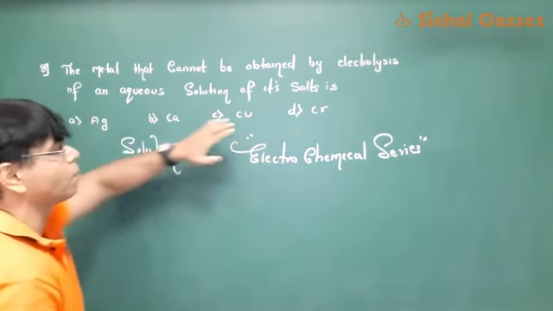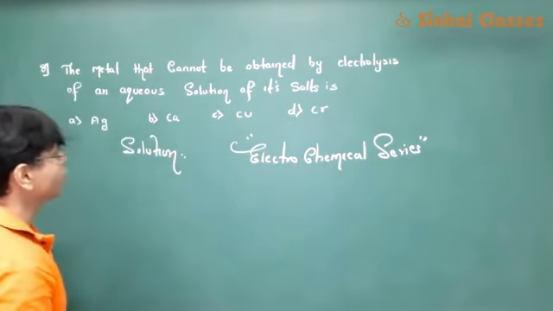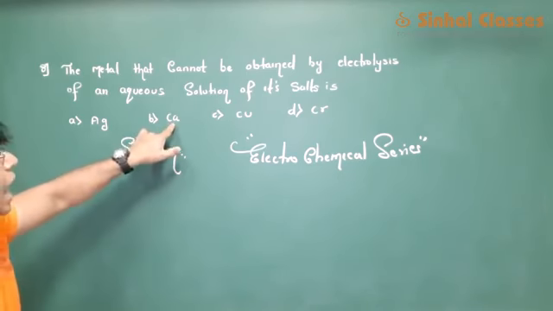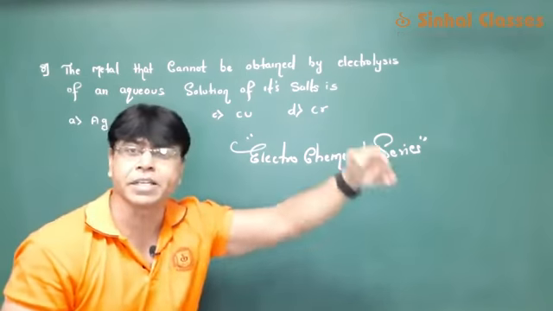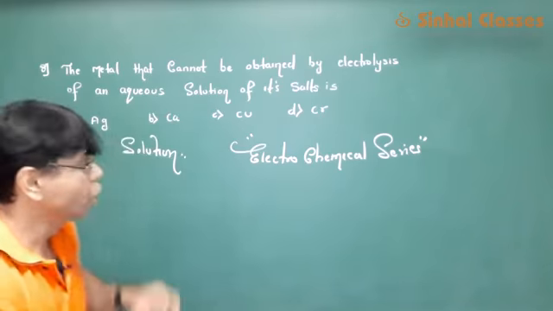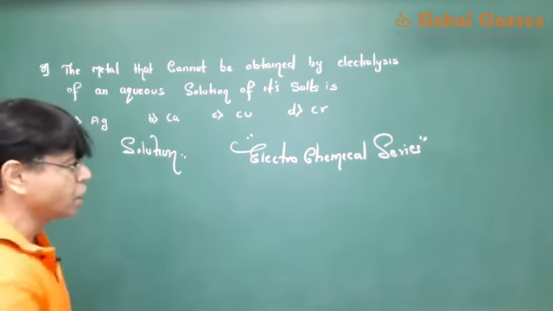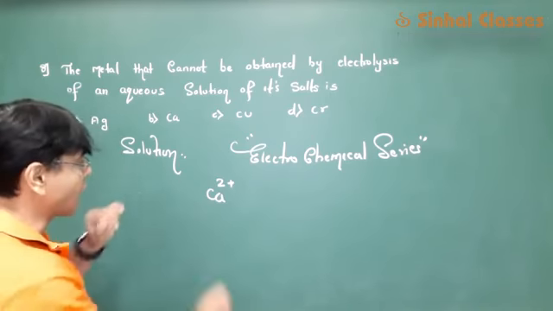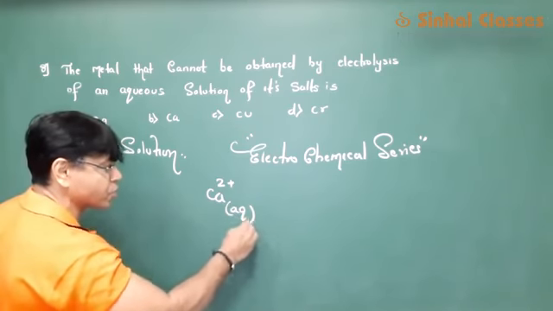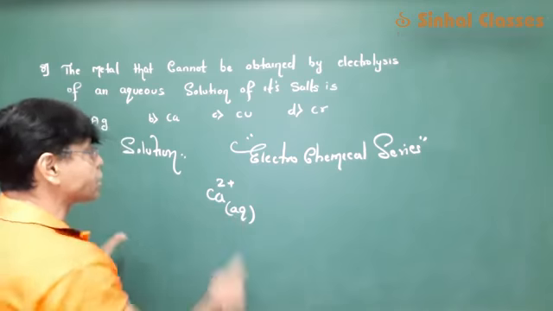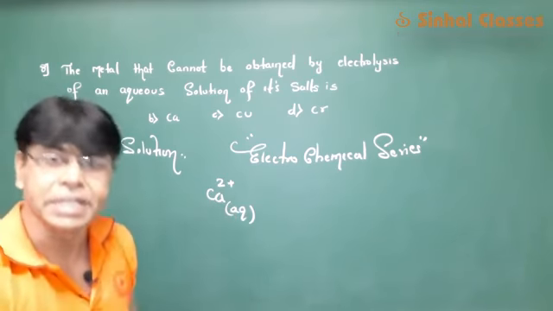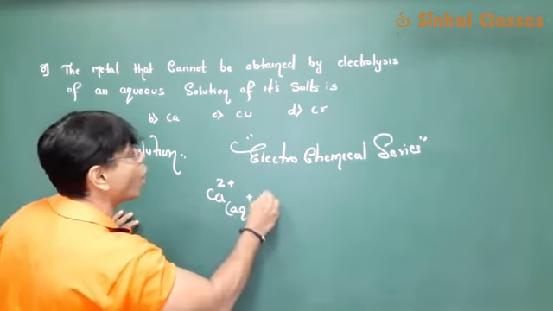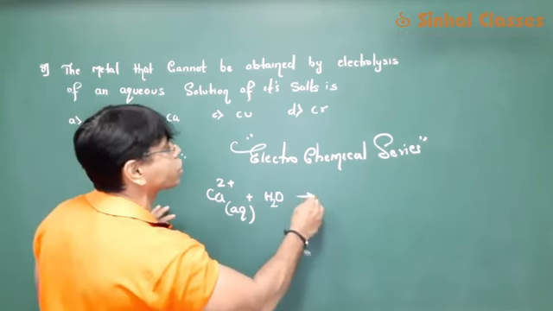Now look at the options very carefully. You understand calcium in the electrochemical series is at a higher position, so it is very difficult for us to reduce calcium ion. You know, when you carry out electrolysis of an aqueous calcium salt, instead of calcium getting reduced, it is water which gets reduced.